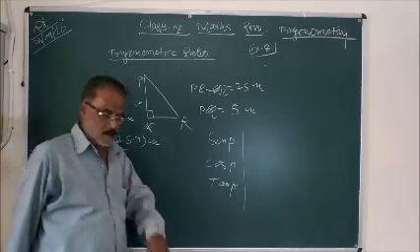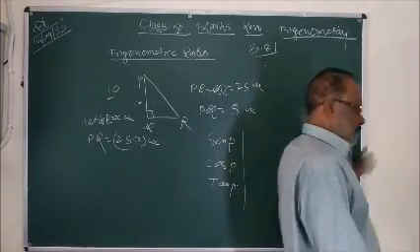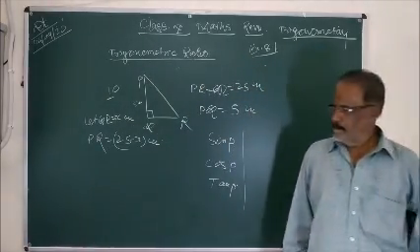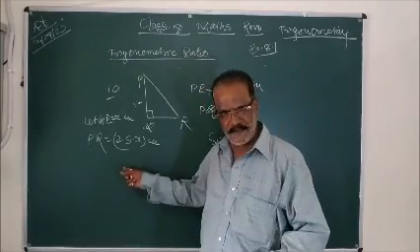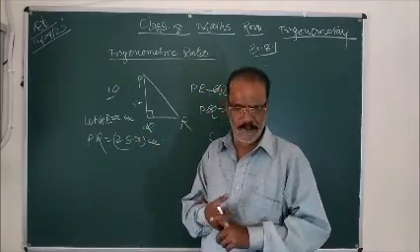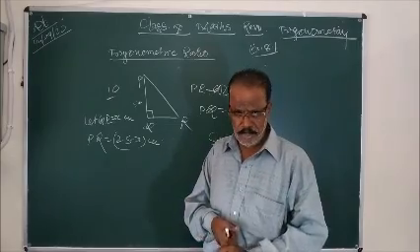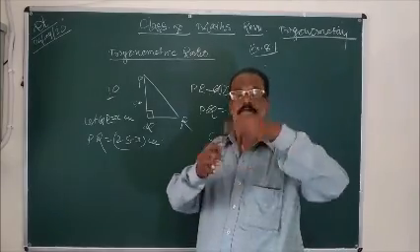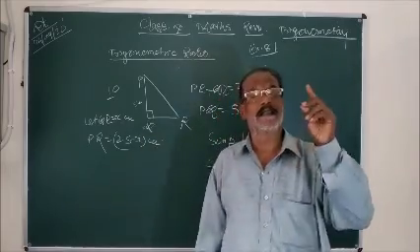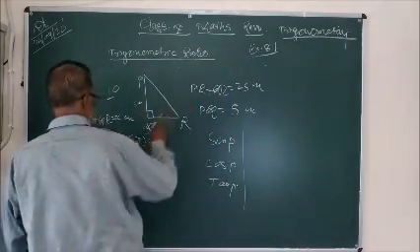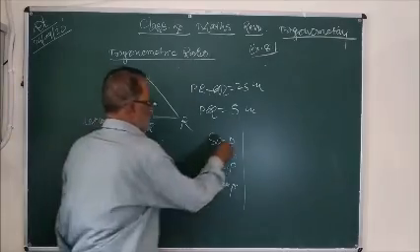It is important to understand this, and if you don't understand, try to learn this. The sum of two sides is 25, and one side we have supposed X cm, so the other side will be 25 minus X. Now use Pythagoras theorem. What is Pythagoras theorem?